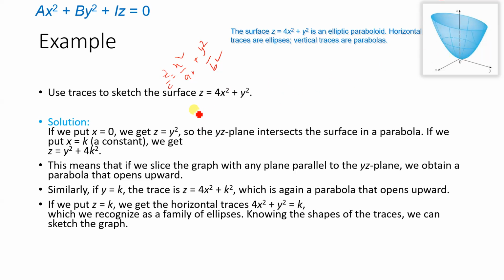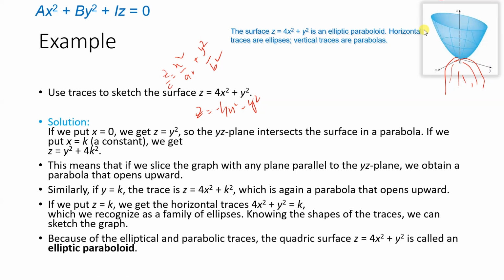And in case we have z is equal to negative 4x square minus y square, then this will open downwards. Same paraboloid will be opened downward. And this is called elliptic paraboloid. It has parabolic vertical traces, and horizontal traces are ellipses.